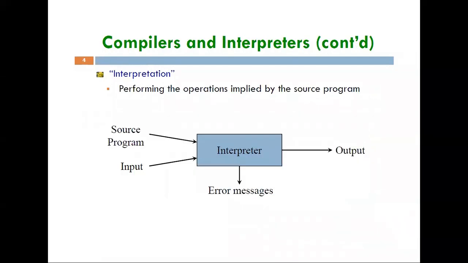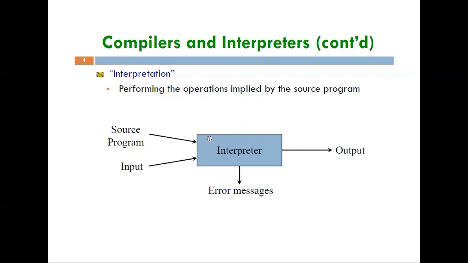Similarly for interpretation also. Interpretation, or the interpreter, performs the operations implied by the source program. It won't convert one form of the program to another form. Simply it reads line by line, the interpreter reads line by line, whereas the compiler reads the entire program at once. The interpreter reads line by line and produces the results of that particular source.